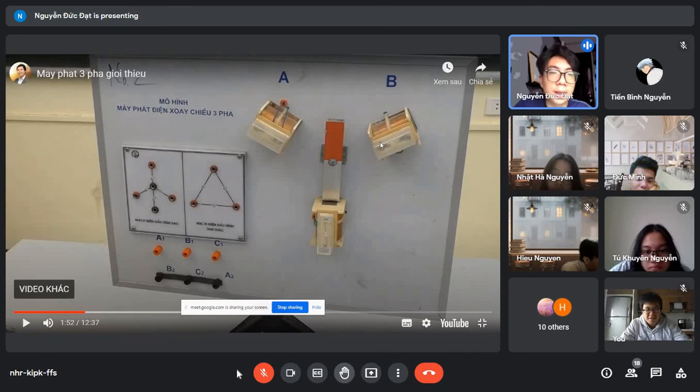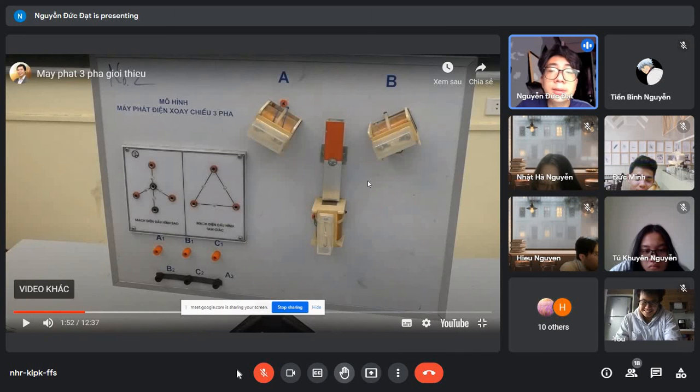But in this application, we also care about how we can get the current from the generator. So in the textbook, they already said that we can just separately collect the current. We can take these three currents and use them for three different purposes. That is the simplest way, right? Each of these is just like a generator, right?